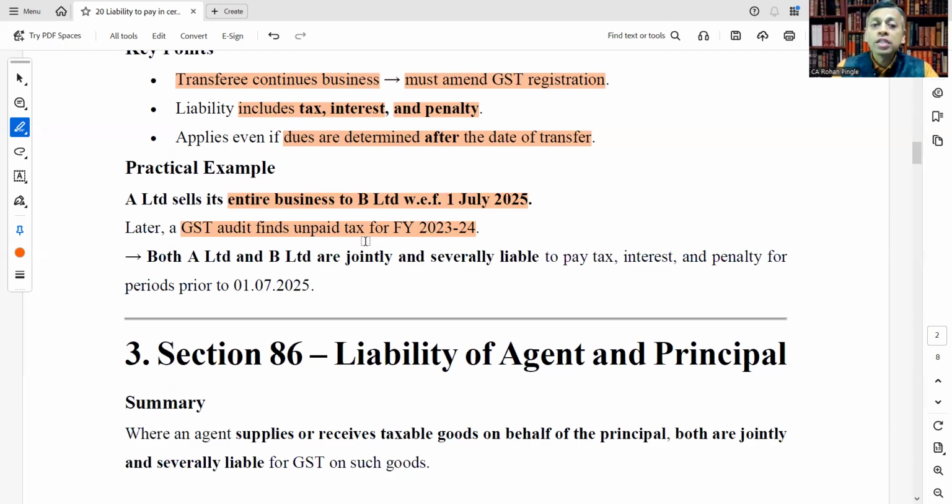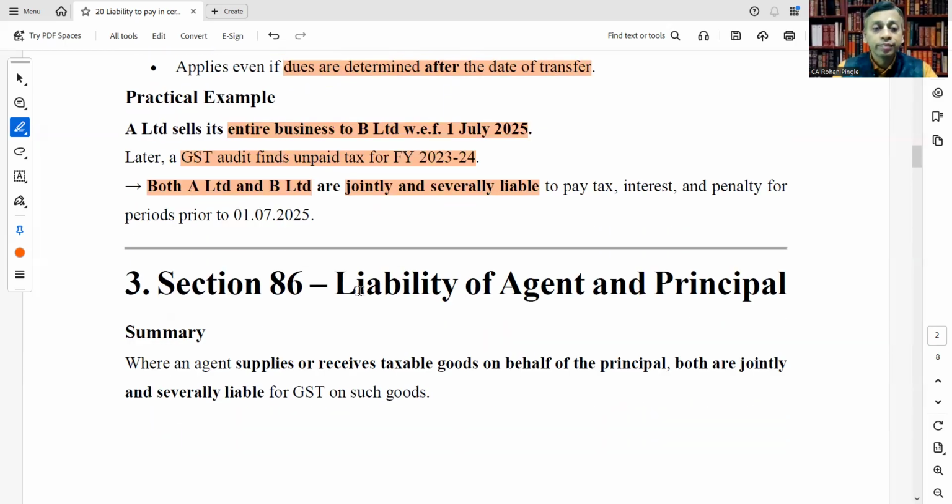Both A Limited and B Limited, transferor and transferee, are jointly and severally liable to pay tax, interest, and penalty for periods prior to 1st July 2025. Hope this example makes the concept easy to understand.